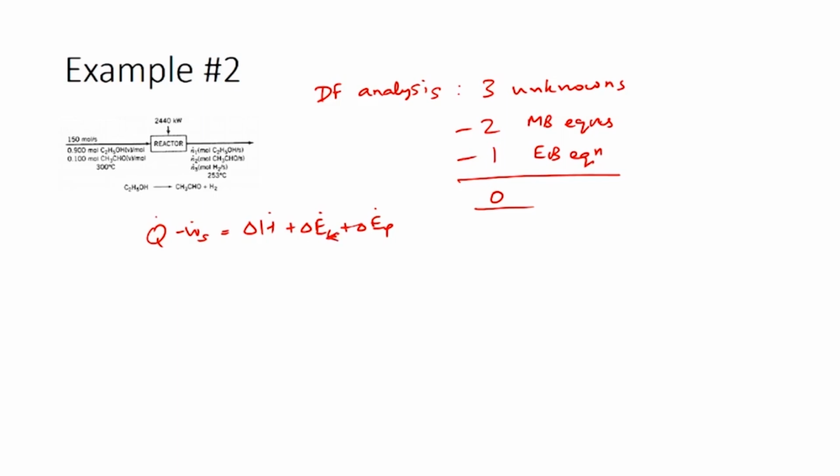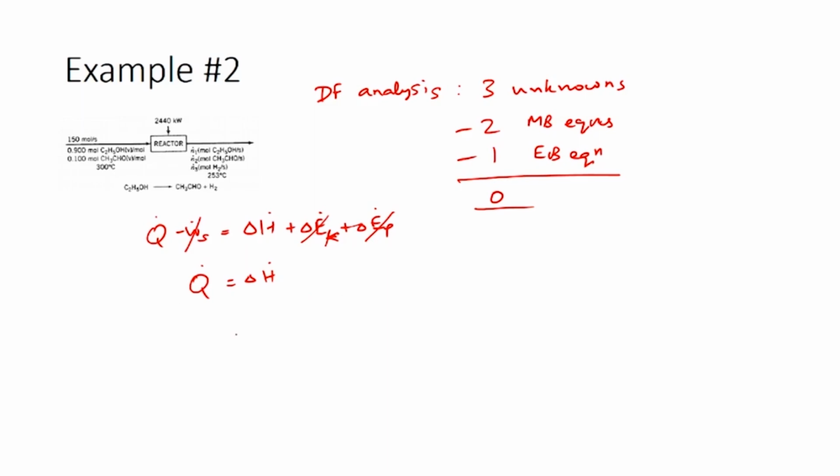Here you do not have any moving parts, so shaft work will be 0, and you do not have any kinetic or potential energy changes. So, the equation simplifies to Q dot equals delta H dot.